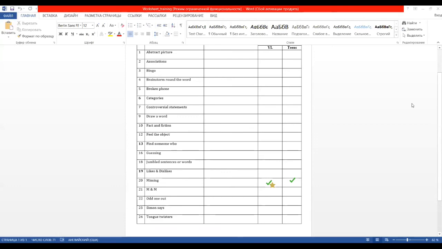So what it means, I just take some pack of M&Ms, these candies. I ask my students to take as many as they want. Well, they usually try to take more and more. And then I say, okay, if you have a green one, you should tell about your hobby.